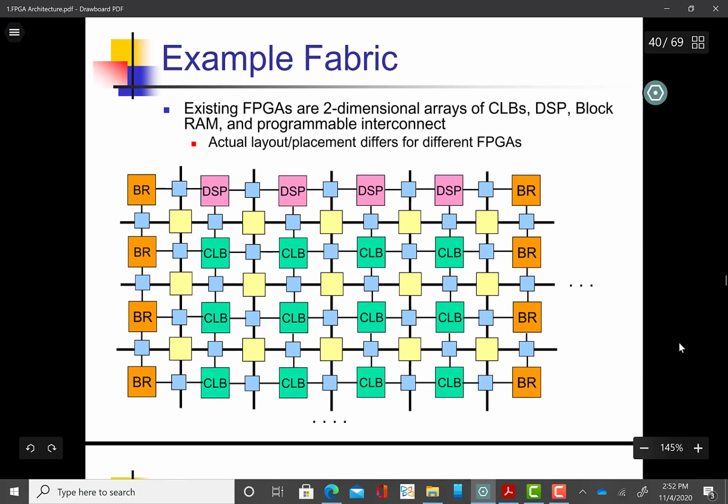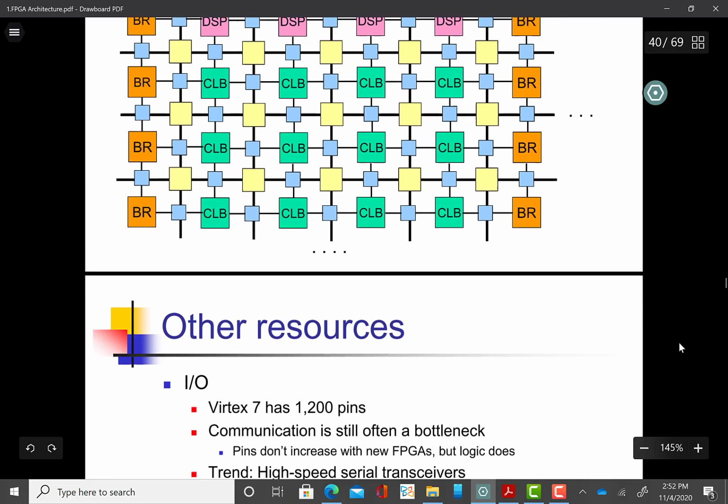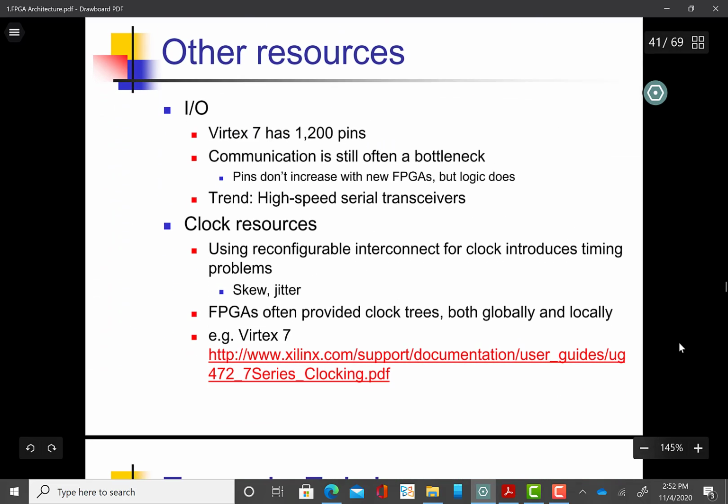So you see that these modern FPGAs are heterogeneous devices. They are not homogeneous. It would be homogeneous if we only had CLBs, but along with CLBs we have these small DSP processors which are called DSP48, and we have block RAMs, and so many different kinds of resources. We covered some of them in this lecture.